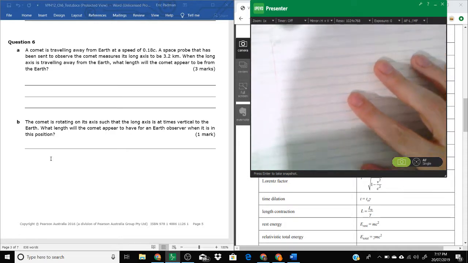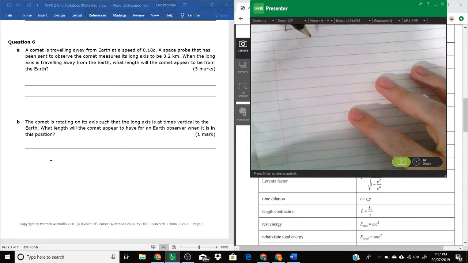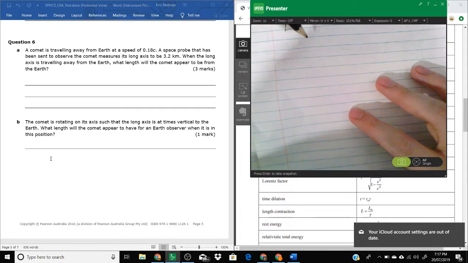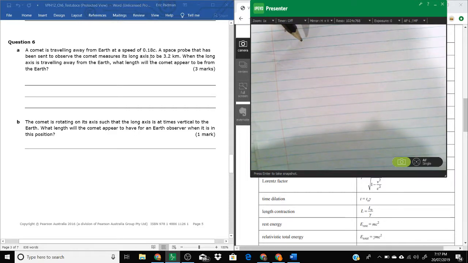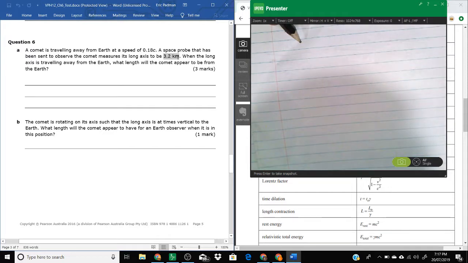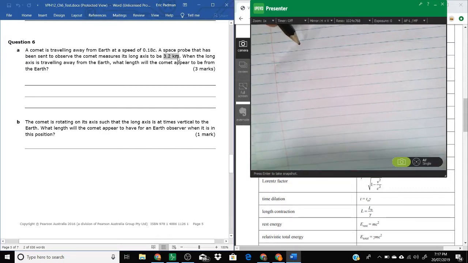So we're going to take that this is actually the proper length, because the space probe is moving along with it.